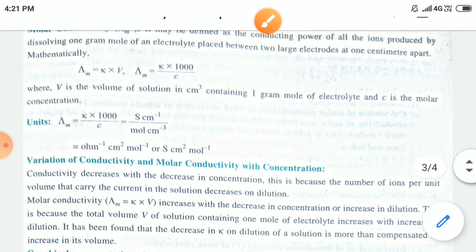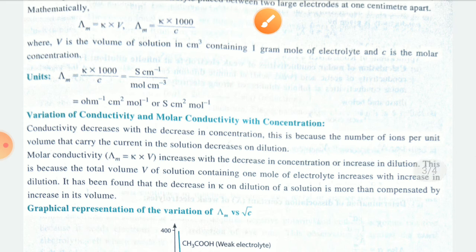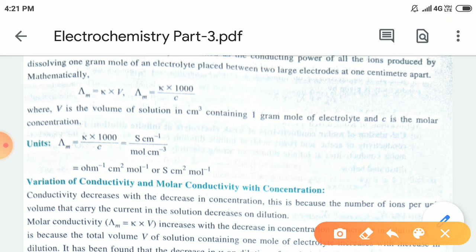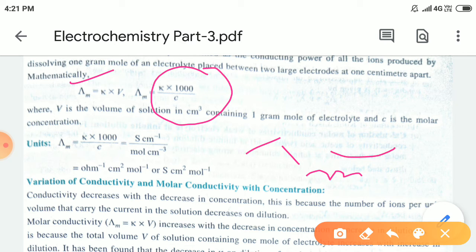Variation of conductivity and molar conductivity with concentration. By the formula, molar conductivity is equal to kappa into 1000 upon C. It is clear that molar conductivity, that is lambda m, is inversely proportional to the concentration.